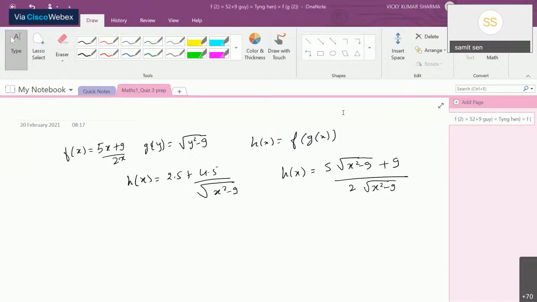So you are taking the range of g of x, correct? What is the range of g of x here? The range of g of x is equal to 0 to infinity. Correct.